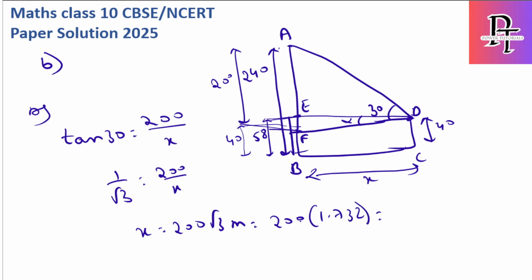Okay, so 2 fours are 4, 2 threes are 6, 2 sevens are 14, and so on. So it should be 346.4 meters.